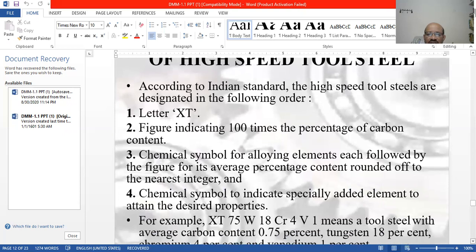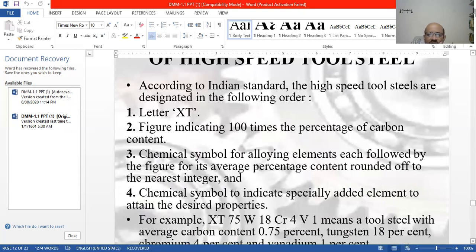So the chemical symbol indicates the specially added element to attain the desired properties. For example, you take XT75W18Cr4V1. It means a tool steel with average carbon content of 0.75%, very clear, 0.75%.